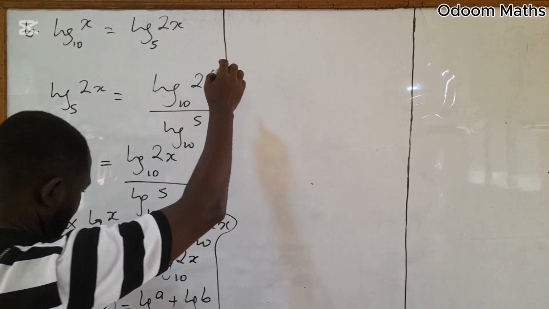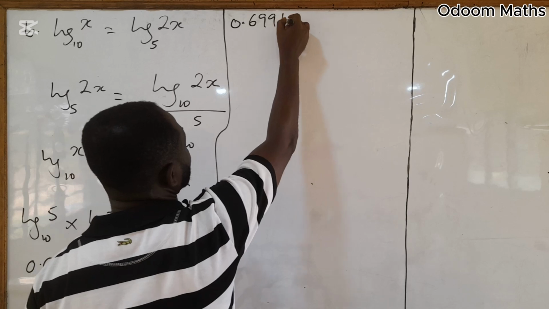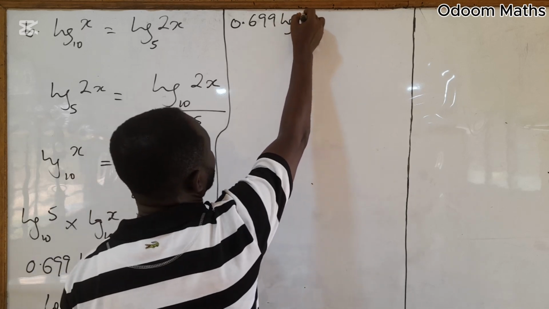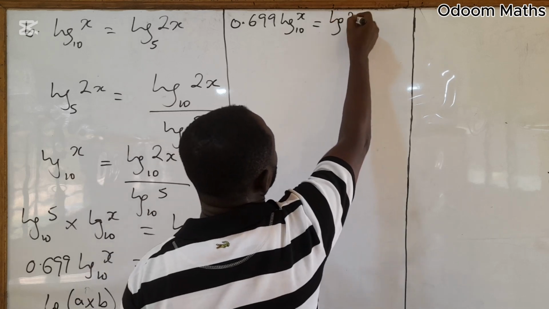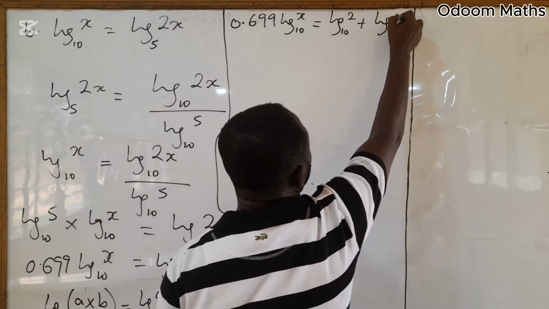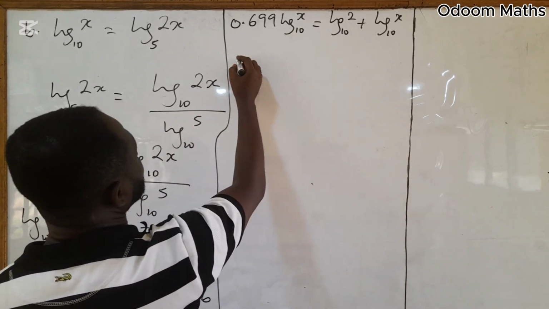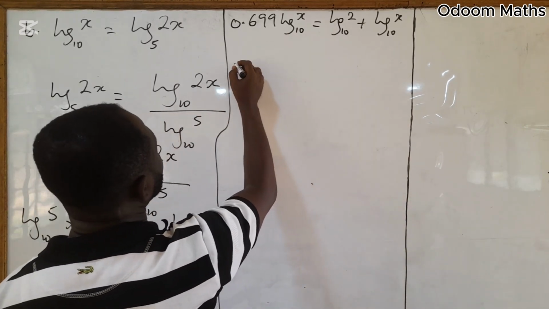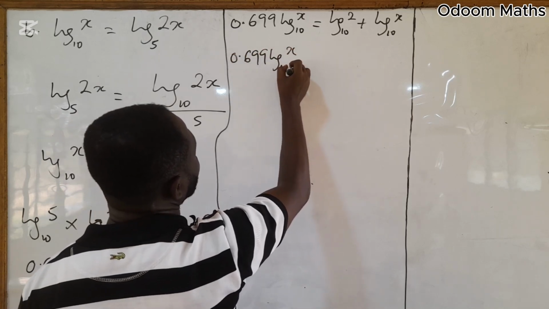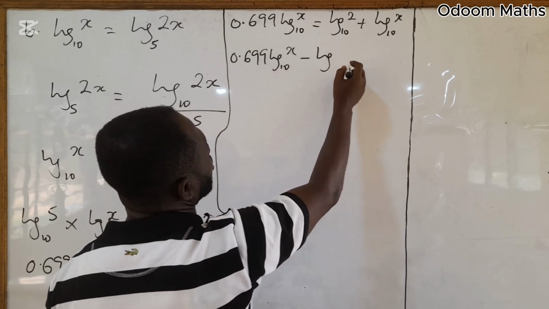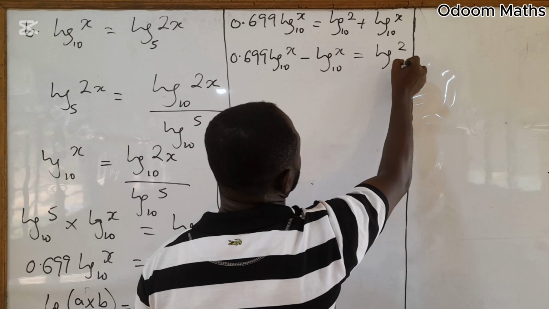So 0.699 log x base 10 is equal to log 2 base 10 plus log x base 10. Now let me group like terms. So this can come here. So this is going to be 0.699 log x base 10 minus log x base 10 equals log 2 base 10.